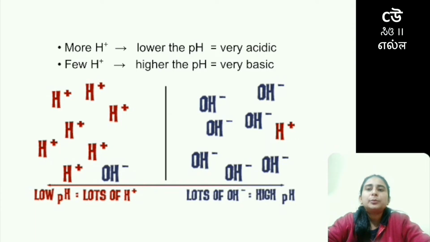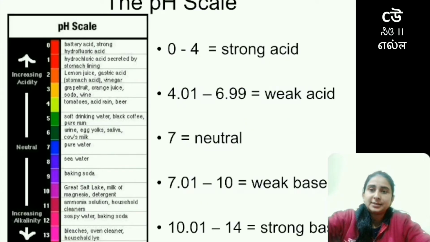So based on that, we'll say that since there are more hydrogen ions, it is going to have a lower pH and therefore it is going to be more acidic. In picture number 2, we have lots of hydroxide ions and very few hydrogen ions. So it is going to have a higher value of pH, that is obviously more than 7, and this substance would be called very basic.